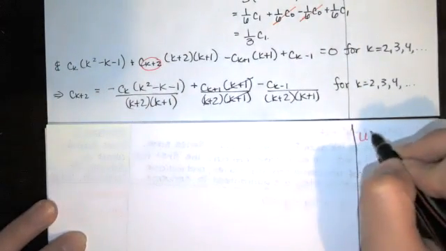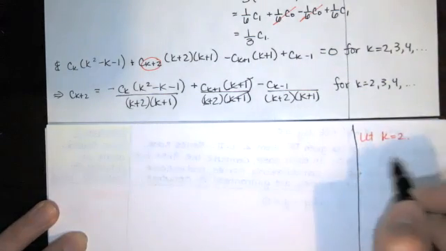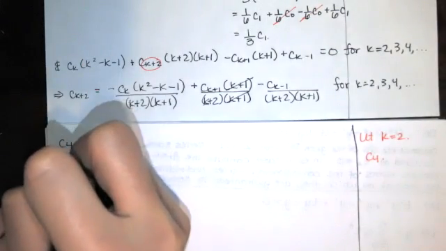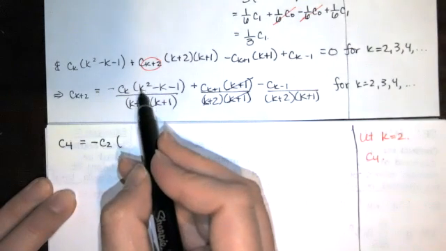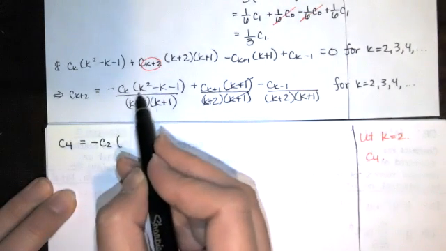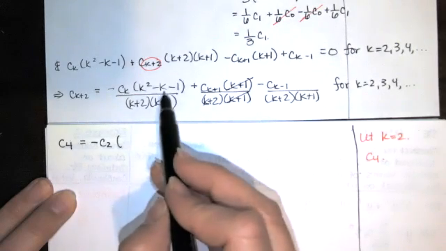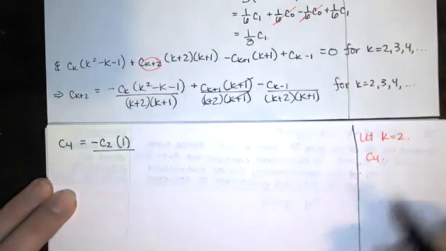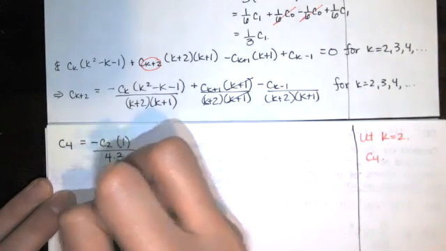We're going to let k equal 2 here, and that's going to give us c sub 4. So you'll have c sub 4 equals negative c sub 2 times, if k is 2, 2 squared is 4, 4 minus 2 is 2, 2 minus 1 is 1, all divided by k plus 2 times k plus 1, so it's going to be a 4 times a 3.